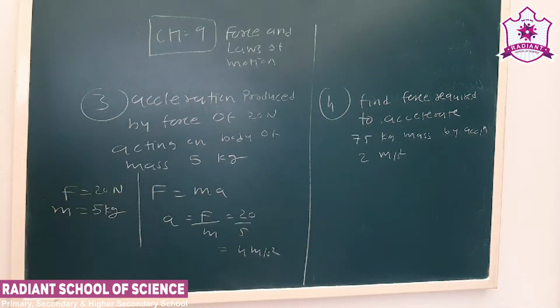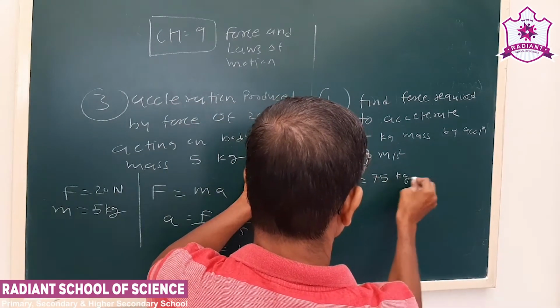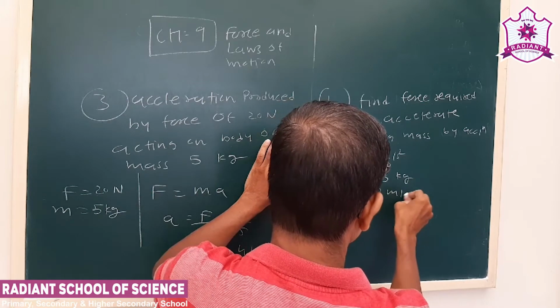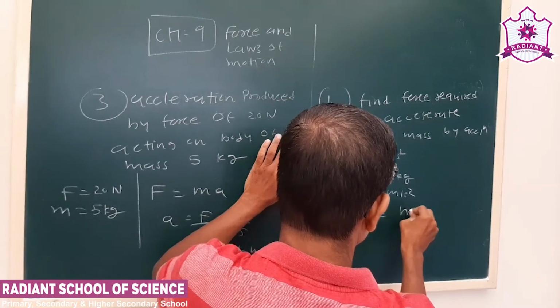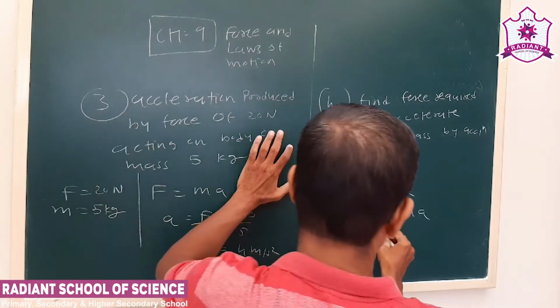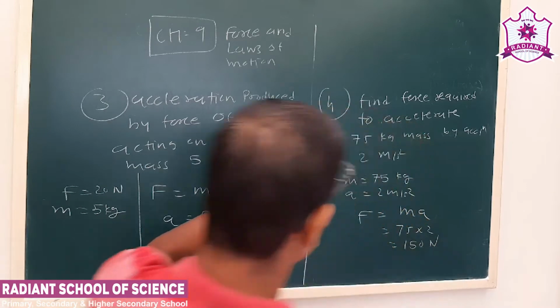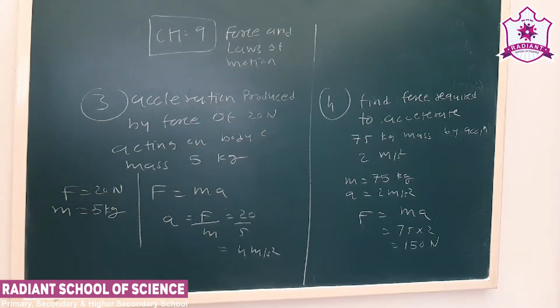Here mass is given, acceleration is 2 meter per second square. Our equation is F is equal to ma, that is 75 into 2, 150 Newton. So this is how we can find out the value of the force when mass and acceleration are given.